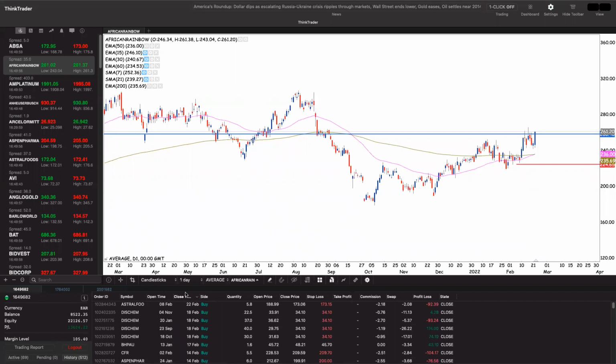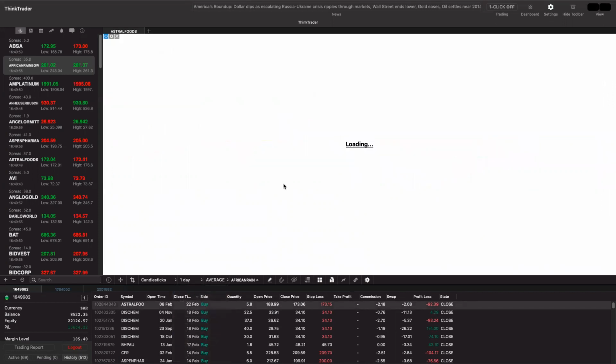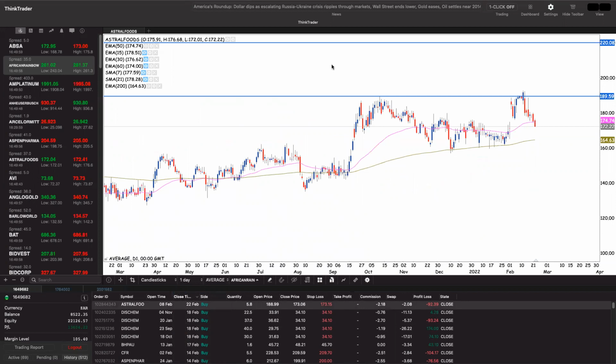Yesterday I had a stop, I got stopped out, and I did update the journal. So what I then do is take this amount here, which is 8,000. Well, I didn't update it, so update that to 8,522.35.